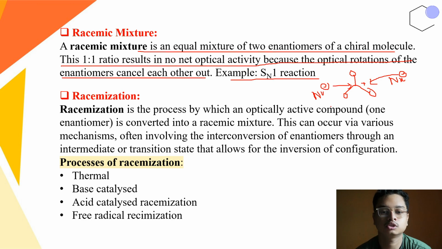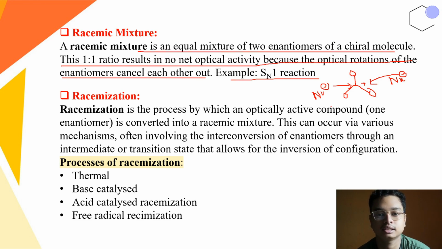Imagine the R product shows dextrorotatory rotation of plane polarized light, and the S compound shows levorotatory rotation of plane polarized light. If both enantiomers are present in the solution, these two will cancel each other's plane polarized light rotation.